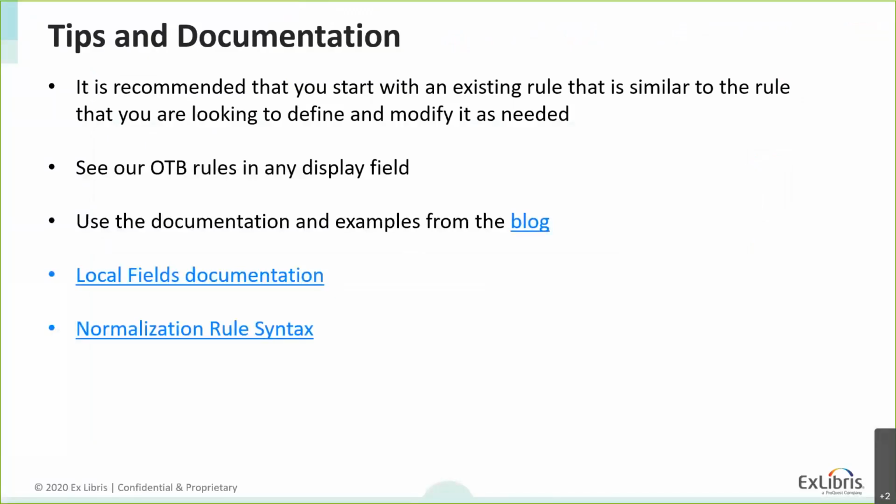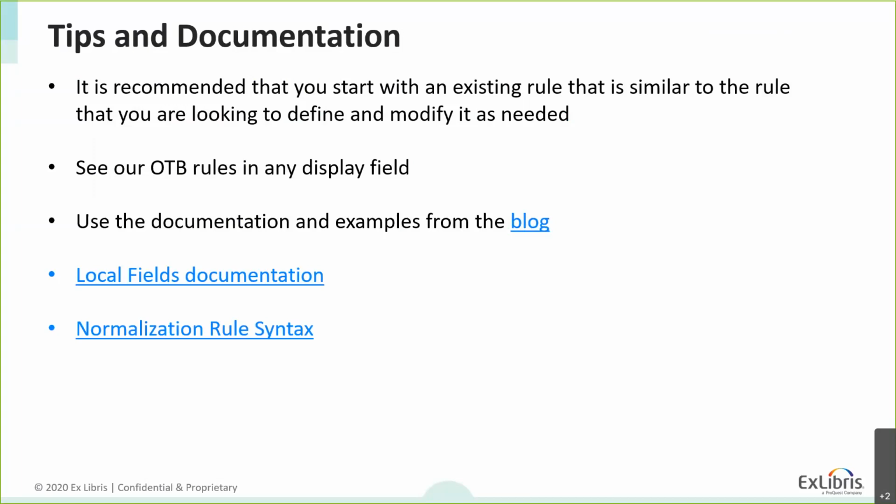I would like to give you some tips and show you the documentation that we have. I think the best tip when you're starting to use normalization rules is to look at an existing rule that's similar to the rule that you want to define and work with that. That's what I'm doing. I'm not making something from scratch.